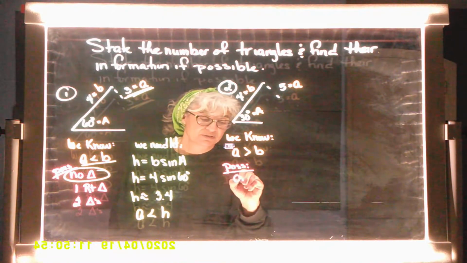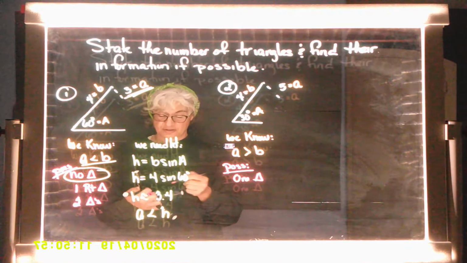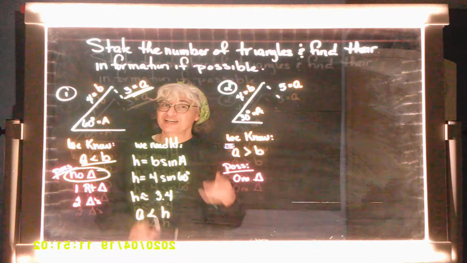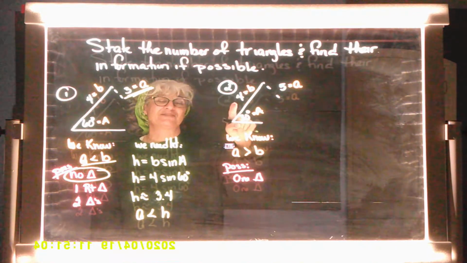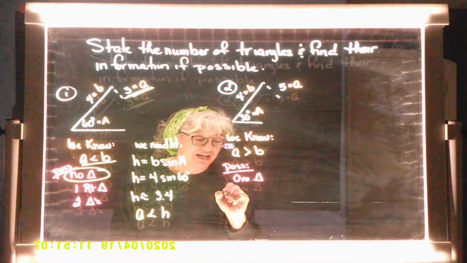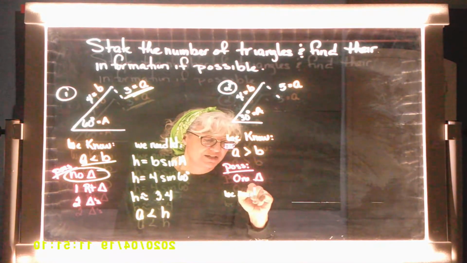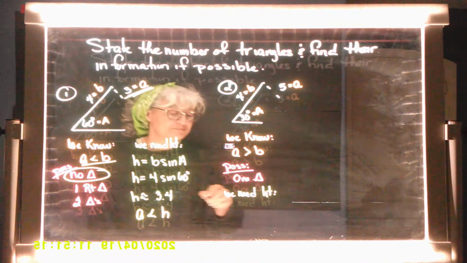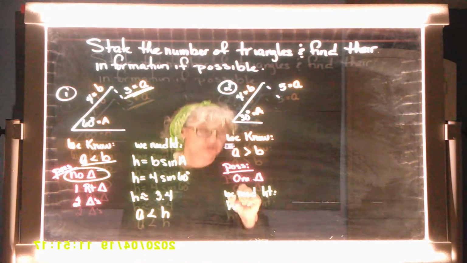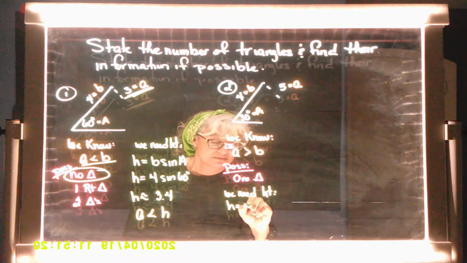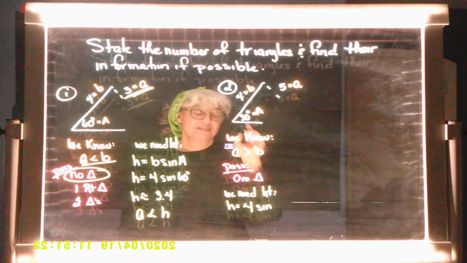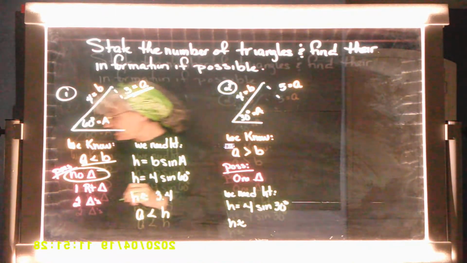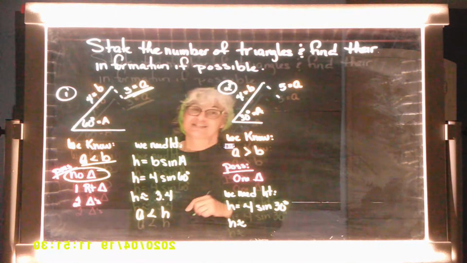The one possibility was that I had one triangle. So here's the deal though, to confirm it, you still need to know the height because there were two requirements. Not only did A have to be larger than B, but we need to know the height in order to confirm that we do indeed have one triangle. Remember how to find the height. The height is equal to B multiplied by the sine of that angle next to it. So in this case, this was my answer.